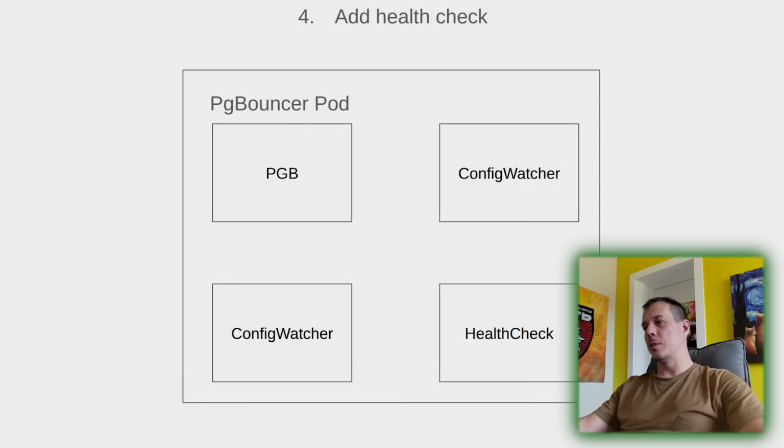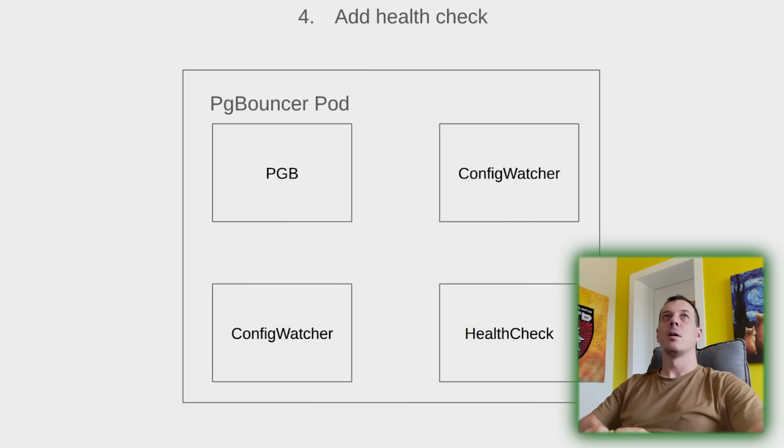Then, after some amount of incidents connected to problematic networking and some not optimal setups, again related to virtual machines and stuff, we added a health check pod, which allows us to track the liveness of the PGBouncer itself, because stuff happens on the networking side, and some pods may become stuck for some reason.